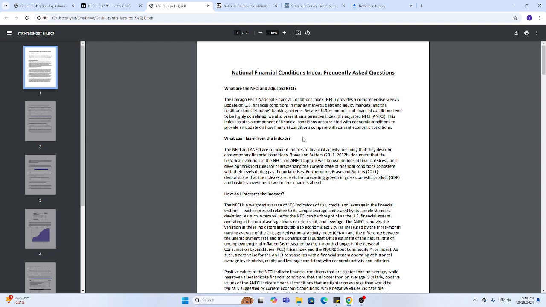I haven't used the alternative index, which is this ANFCI, but it's basically like the NFCI, just the complete opposite. So it's the uncorrelated version. The ANFCI index isolates a component of financial conditions uncorrelated with economic conditions to provide an update on how financial conditions compare with current economic conditions. So a lot of Fed shit, I'm guessing, Fed intervention, Fed tools, shit like that.